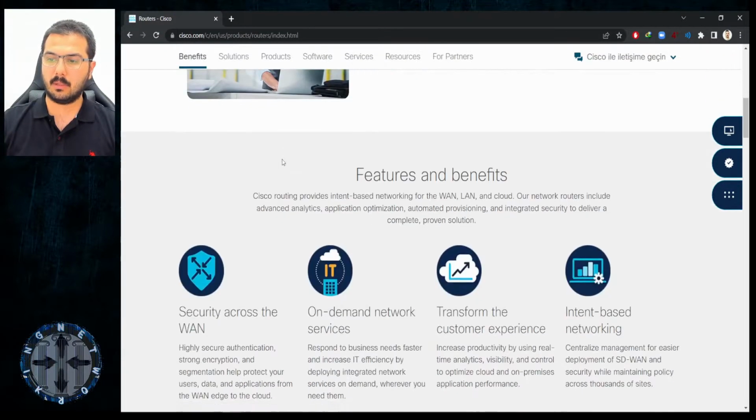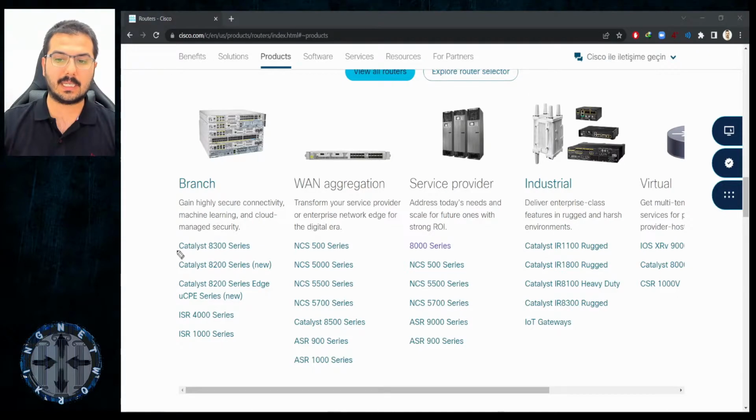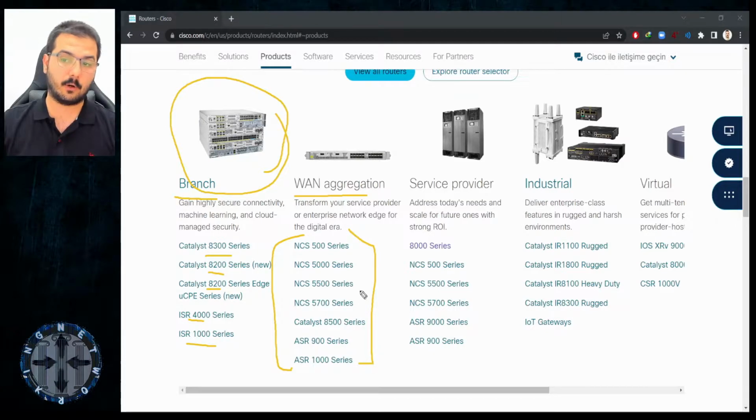If I go a little bit below, I can see something clear, like how it's categorized. Branch routers: that will be Catalyst 8300, 8200, ISR 4000, and ISR 1000. This is a branch, something small, like a campus to enterprise level. WAN aggregation is highly expensive, but worth it because it's for the WAN and connecting to the internet.